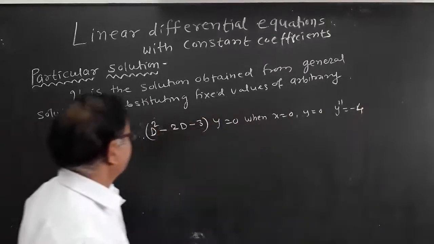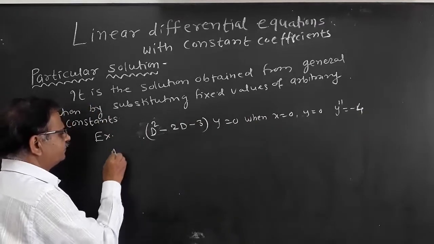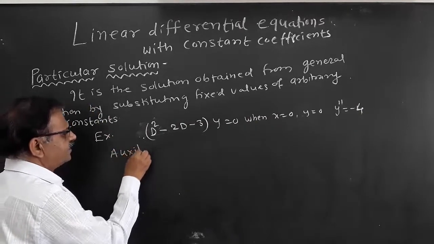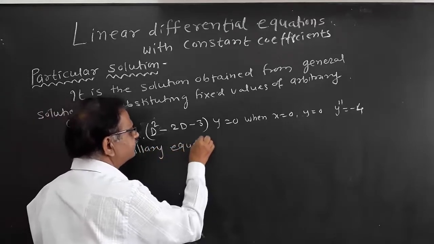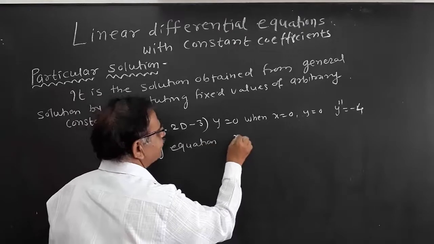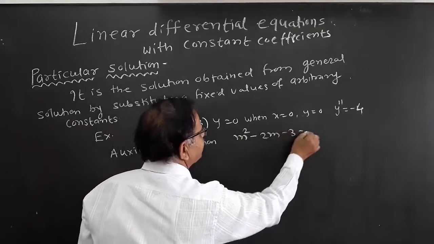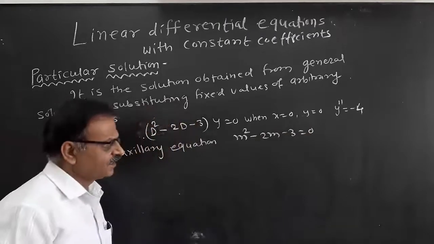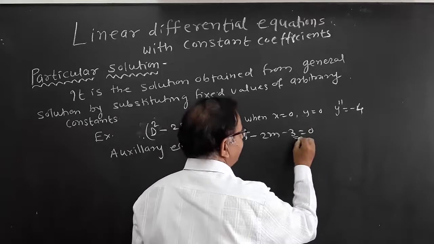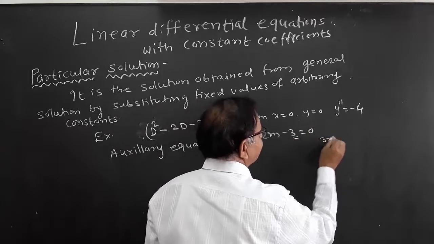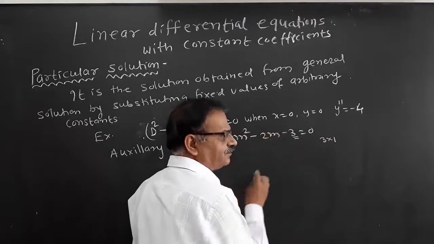Now, for this, we have to first find the auxiliary equation. The auxiliary equation is m square minus 2m minus 3 equal to 0. The factors of 3 are 3 into 1, so that minus 3 plus 1 equal to minus 2.